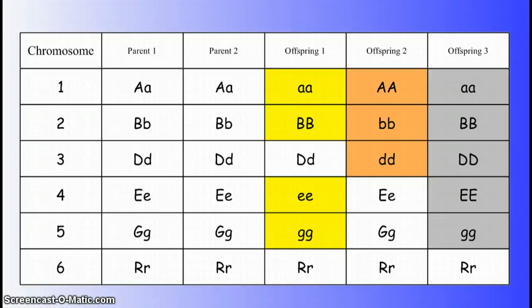And I went ahead and highlighted each of the genotypes that did not directly match the parents' genotypes. So if I've got a pure dominant or a pure recessive, I highlighted those, and you can see each one of the offspring has a slightly different, unique set of genotypes. Now, it'll be up to you to decide, are those enough to make them each unique, or are they extremely similar to the parents?